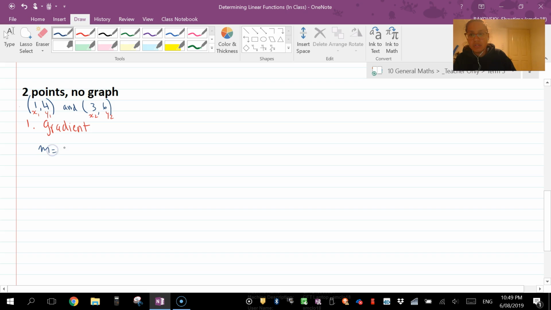M equals y2 minus y1 over x2 minus x1, and substituting those in. So what we can see here is the 2 values, so 6 minus 4, so I should be putting them in brackets. Tricky to do it post. And 3, ooh, what am I doing?